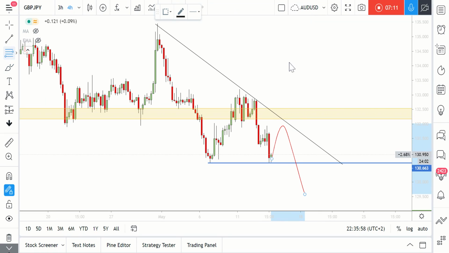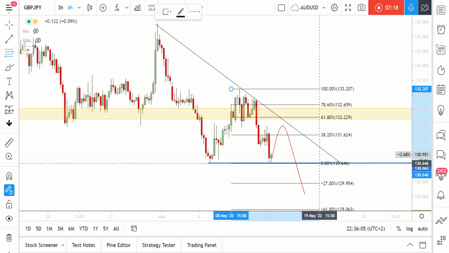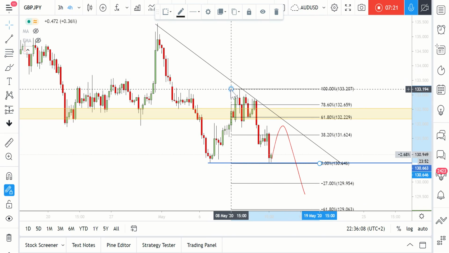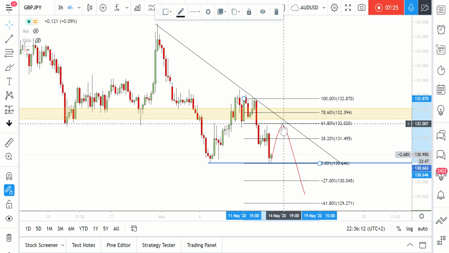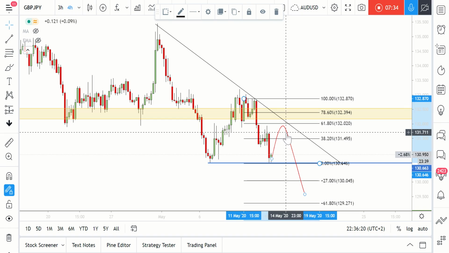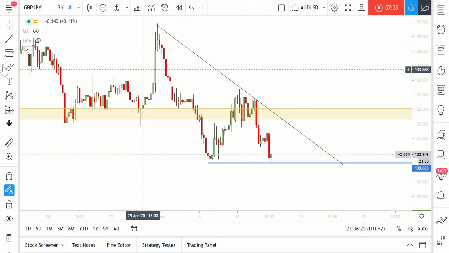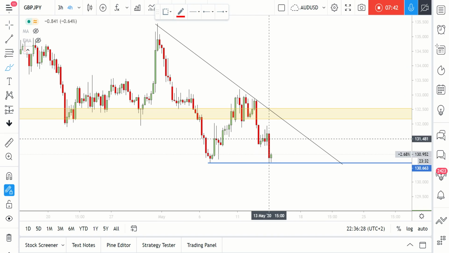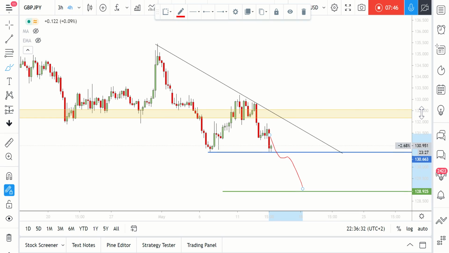If not that, what I'll be looking for is a fib retracement of 61.8. So I'm looking to sell at approximately 132.000. Now this does not mean that price cannot break through this current level of support and continue making its way down to where we have our target, right?